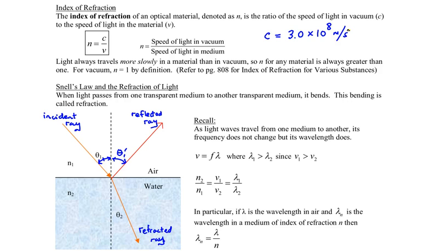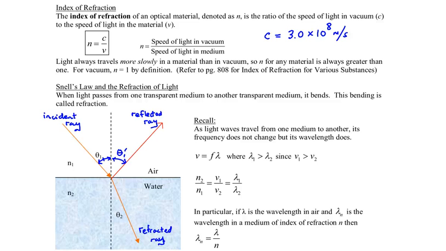Regardless of the wavelength or frequency, all electromagnetic waves travel at that speed. However, when light travels into clear, transparent substances such as air, water, glass, plastic, light slows down. And this is due to the fact that light, when it enters the new medium, gets absorbed and re-emitted, and it slows it down.